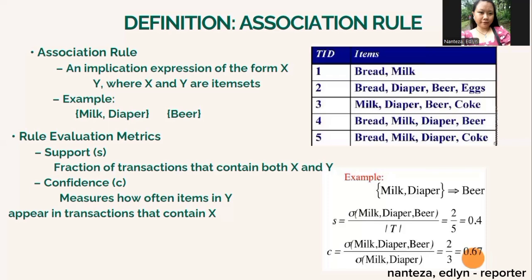This measures how often items in Y appear in transactions that contain X. It is calculated as the number of transactions containing both X and Y divided by the number of transactions containing X. In the given example, the support for the rule milk, diaper implies beer is 0.4 and the confidence is 0.67.